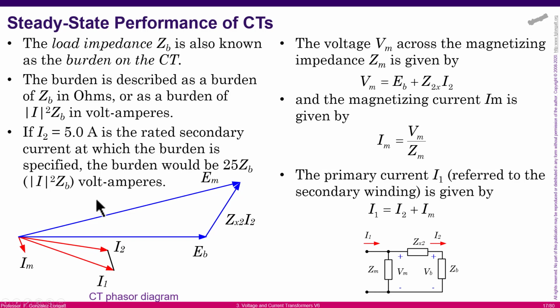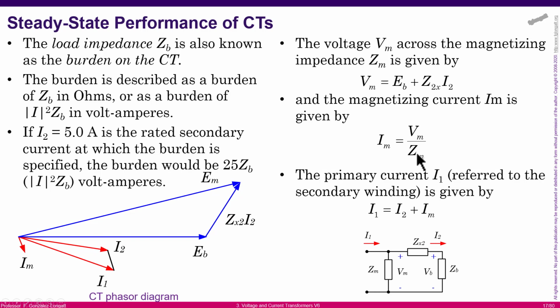Okay, what you need to understand is the magnetizing branch. There is a voltage across the terminals, and that voltage depends on the magnetizing impedance.